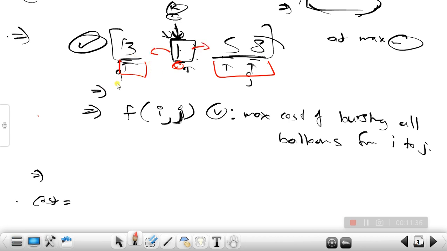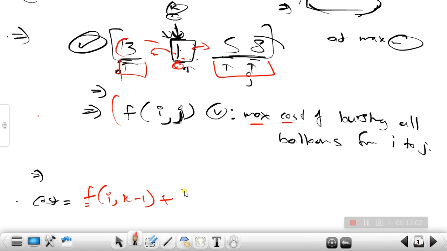Fine. What is the maximum cost of bursting all the balloons before this? It is given by f of i and k minus 1, because i is the starting index and k minus 1 is the index of this one. So this function gives me the maximum cost of bursting all those balloons. Now, what is the cost of bursting all the balloons after this one?